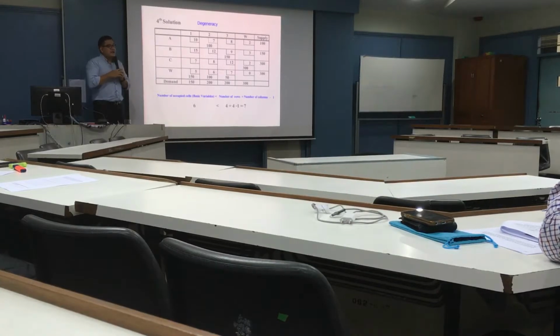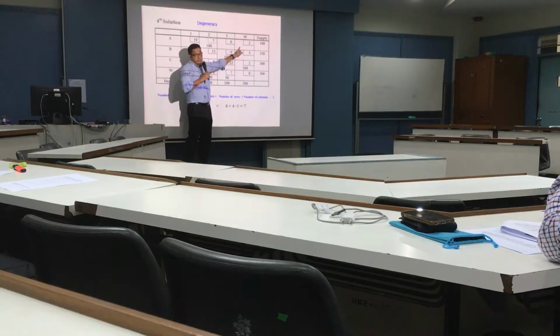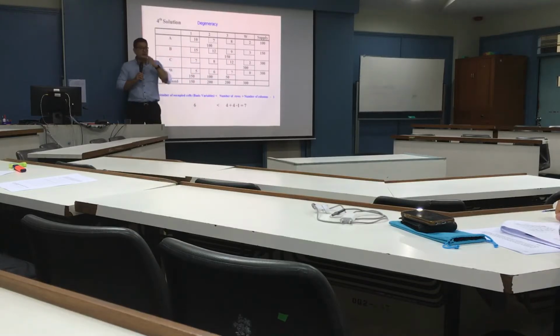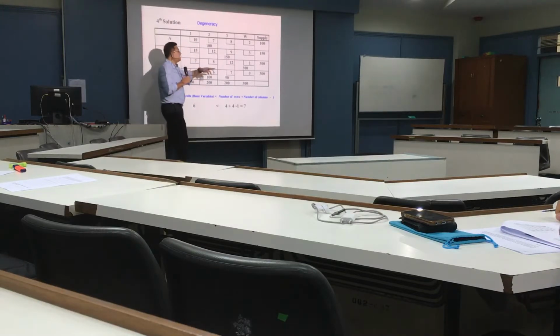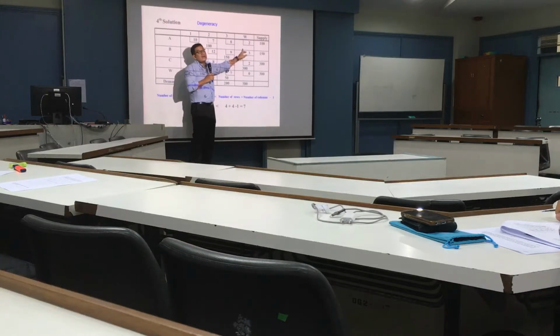But you need to test every possible option. If all possible options that you test show the same result, that the improvement index is greater or equal to 0, it means that empty cell is okay. Improvement is positive. But if just one option shows a negative value, it means this empty cell is negative.